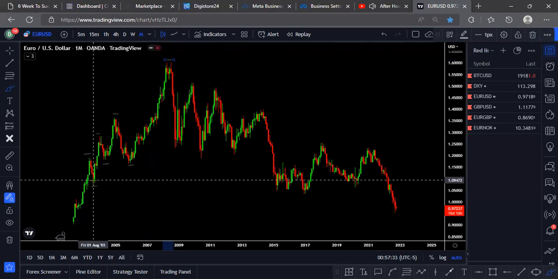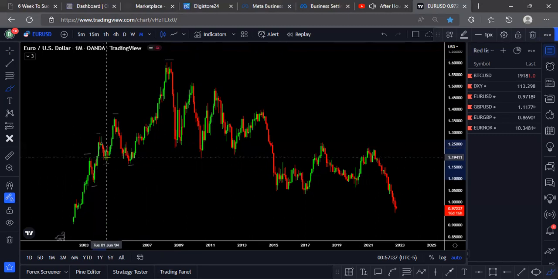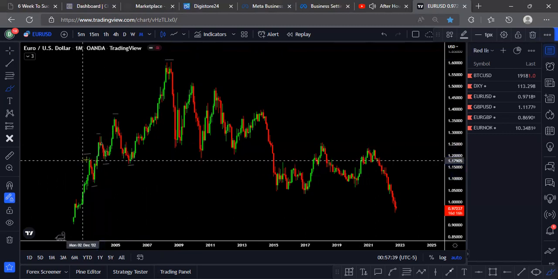After this structure right here gets broken, price retraces back into this area, per se.